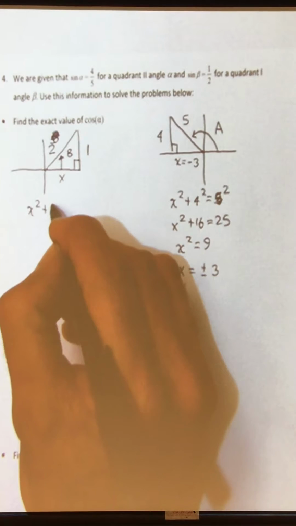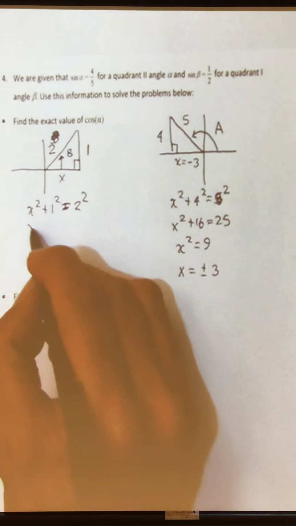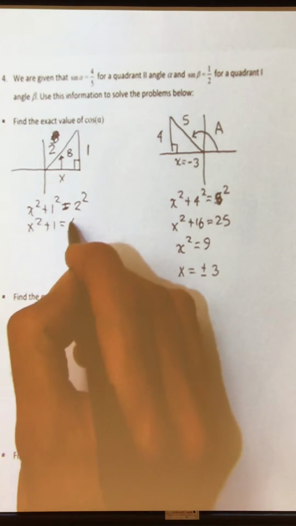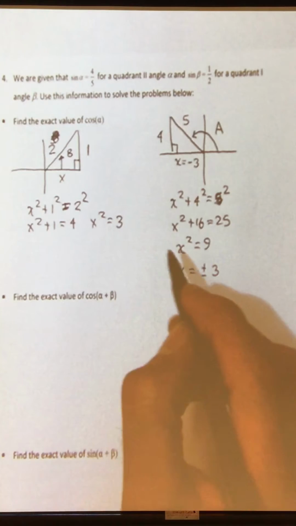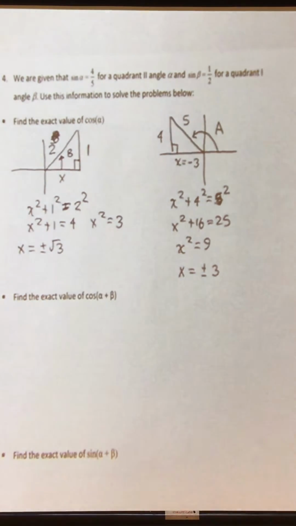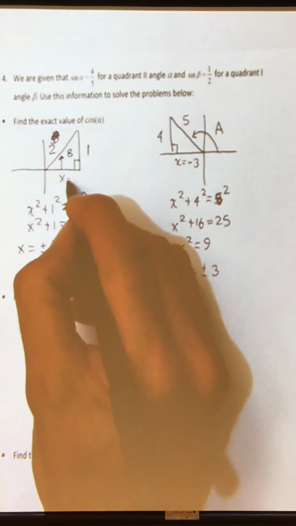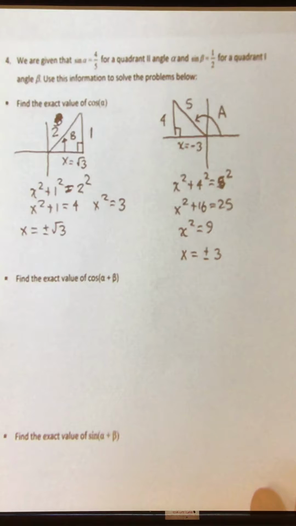X squared plus 1 squared is equal to 2 squared. So x squared plus 1 is 4, which gives us x squared is 3. So x is equal to plus or minus square root of 3. We choose the value of x to be positive root 3 since we are in quadrant 1.